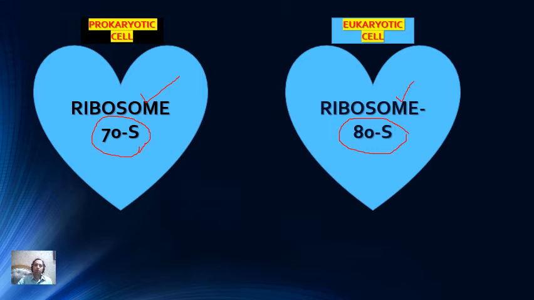During ultracentrifugation, the ribosome of a prokaryotic cell will settle down when the speed reaches 70 Svedberg, and in the case of the eukaryotic ribosome, when the speed reaches 80 Svedberg, it will settle down. It does not mean it's weight or something like that.